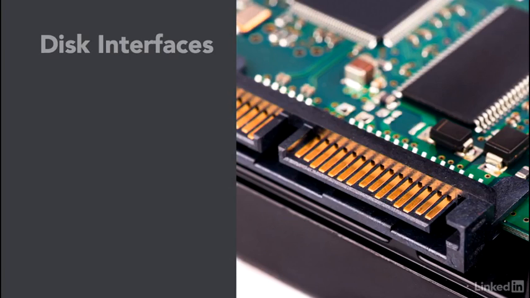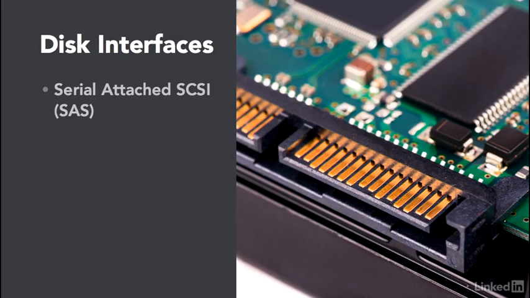Now, there are many different ways that we can connect these hard drives to our server. We have something called Serial Attached SCSI, or SAS, and this, unlike traditional SCSI, which runs in parallel format, uses serial connectivity. We have Serial ATA, otherwise known as SATA.